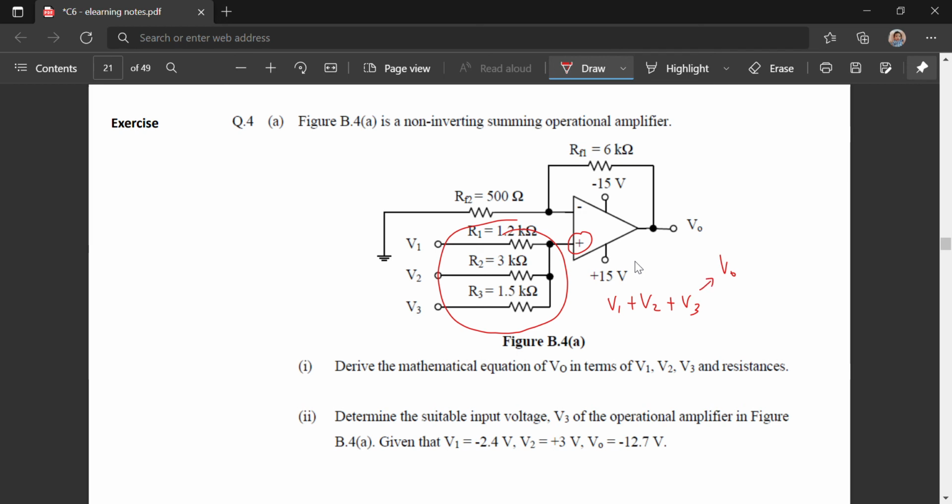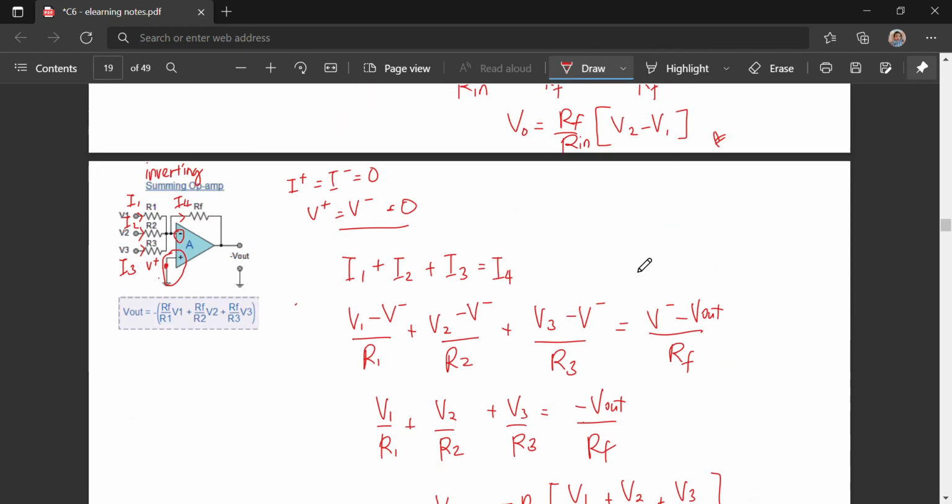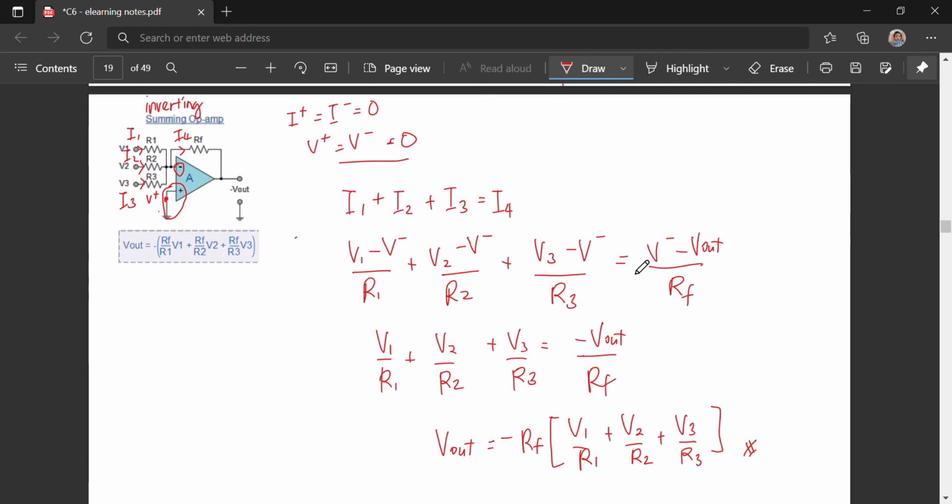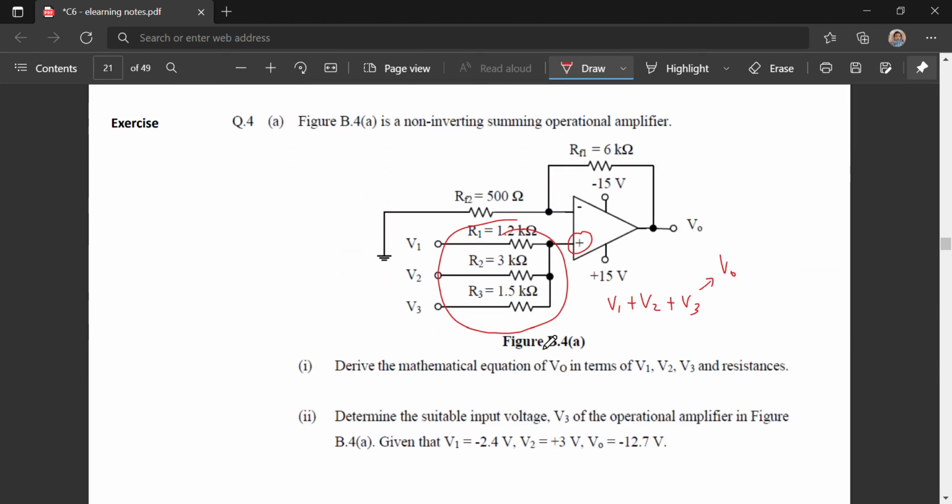This is the same as the previous inverting summing; the concept is the same. Firstly, we label our currents I1, I2, I3.